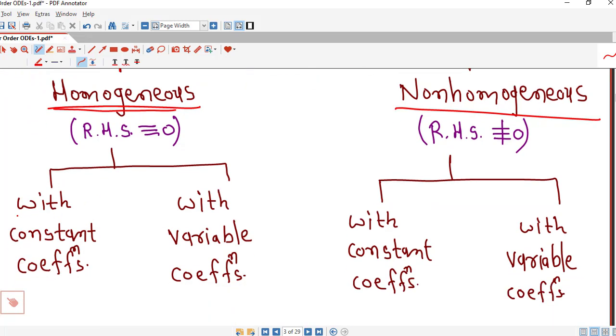Again, depending on the coefficients of the equation, we have equations with constant coefficients or equations with variable coefficients. Either we have a homogeneous linear equation with constant coefficients or a homogeneous linear equation with variable coefficients. Same thing for non-homogeneous equations. The non-homogeneous linear differential equation can be a linear differential equation with constant coefficients or with variable coefficients.